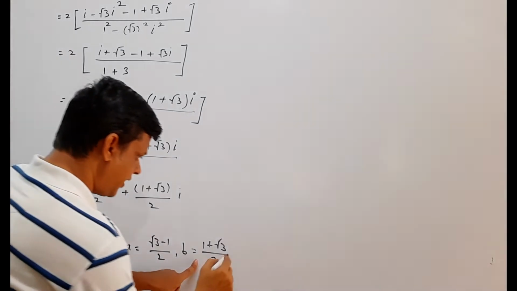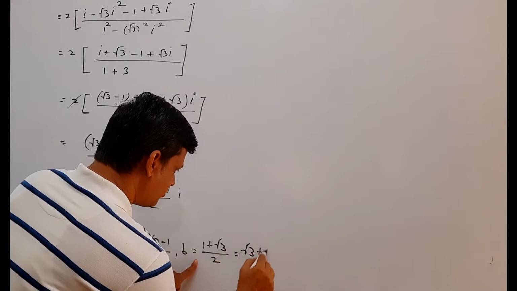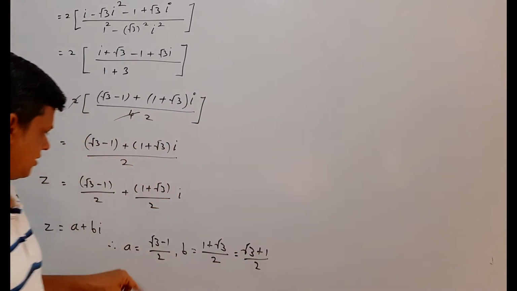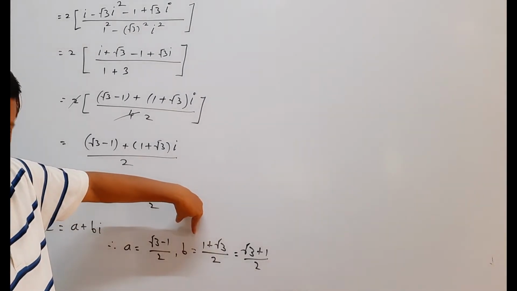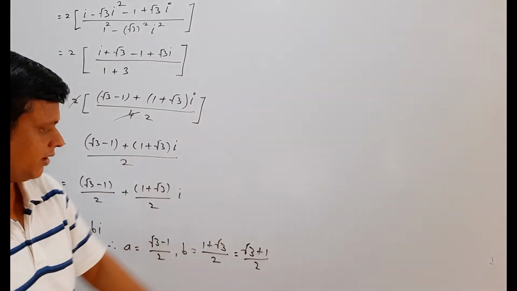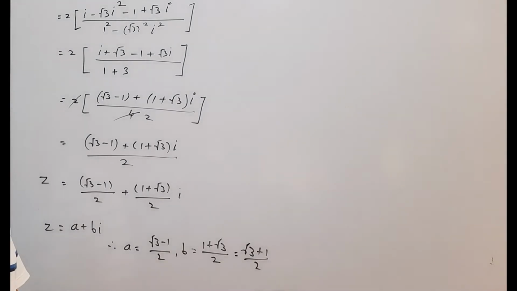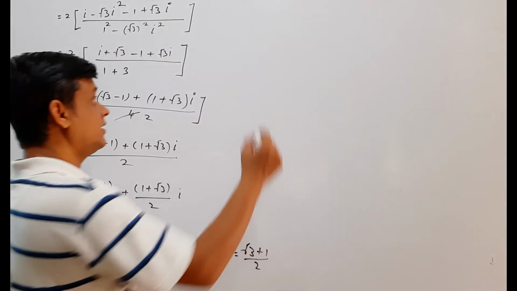So b you can also write as (root 3 plus 1) upon 2, because a is root 3 minus 1 by 2, so we write root 3 in the first position. Now we find the value of r.